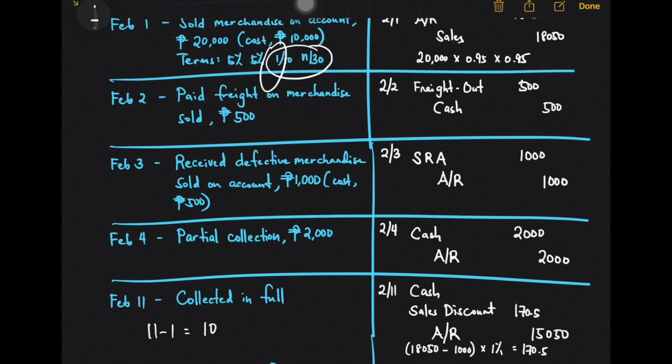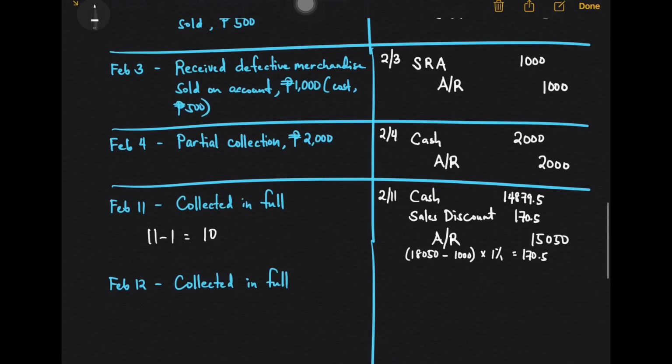And since the customer availed, you will be collecting less. So instead of 15,050, you will only be collecting 14,879.5. Okay, that's the answer. What if you pay beyond the discount period? So 12 minus 1, that's 11, that's beyond.